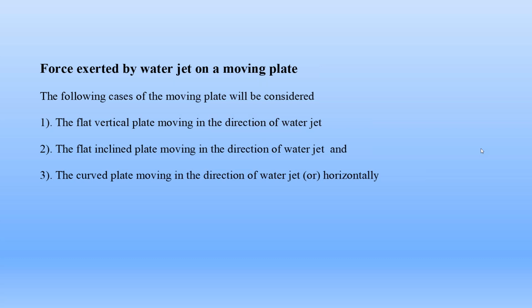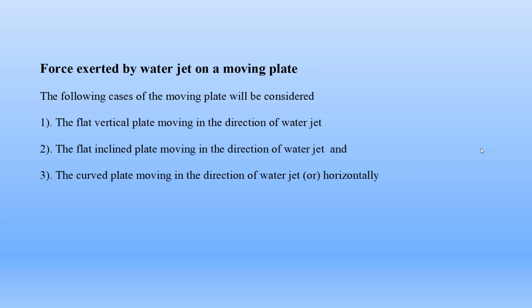Like that, in the moving metal plates, we have these conditions. The first condition, the moving metal plate is a flat vertical metal plate moving in the direction of the water jet. Second condition, a flat inclined metal plate moving in the direction of the water jet.